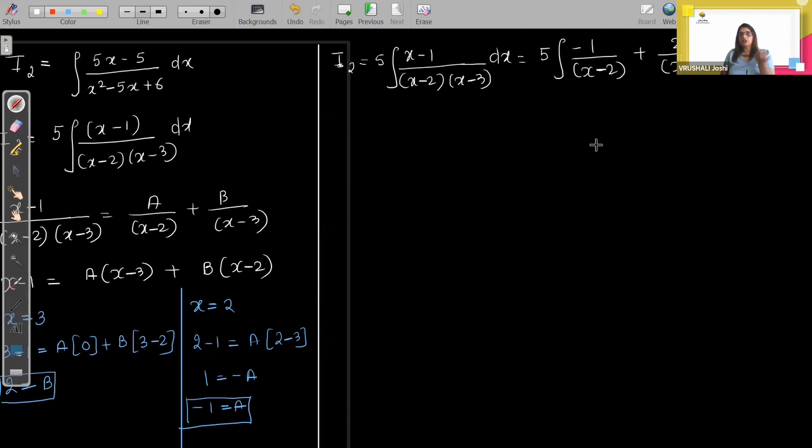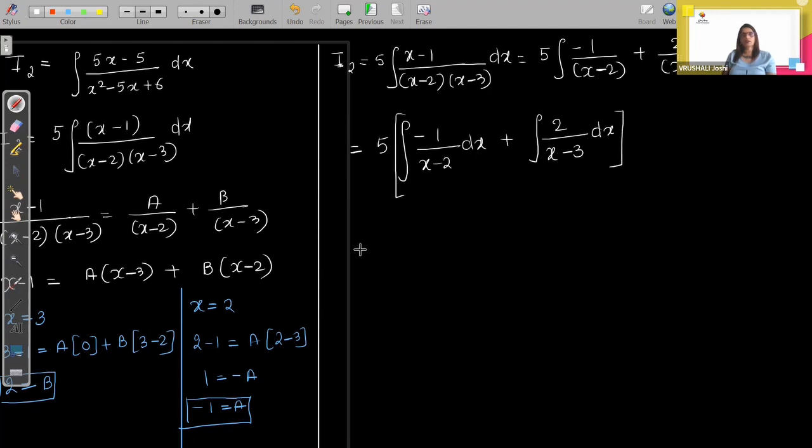When you find the integration of the right hand side, that is as good as finding the answer for the left hand side. So now we will solve the right hand side. So then therefore we will take what? This is 5 integration of, this integration will apply to the whole thing, minus 1 by x minus 2 dx plus integration of 2 by x minus 3 dx.